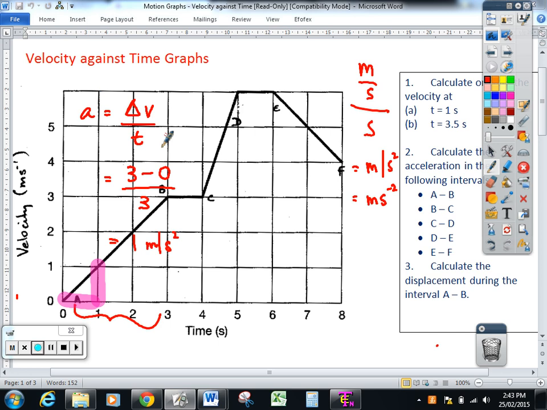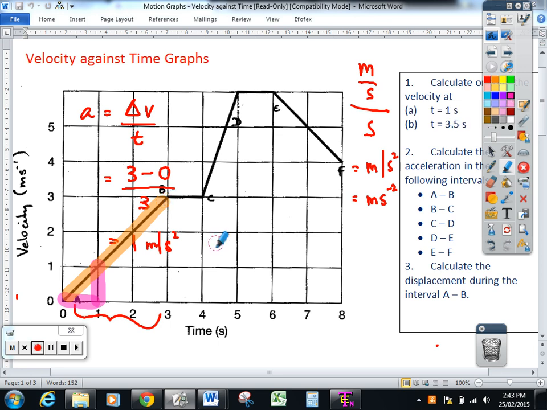We use our formula for acceleration, which is just simply logic. Then we realise that the gradient of this line must also equal the acceleration. So let's have a look at the gradient.